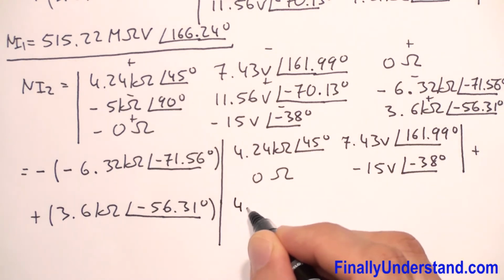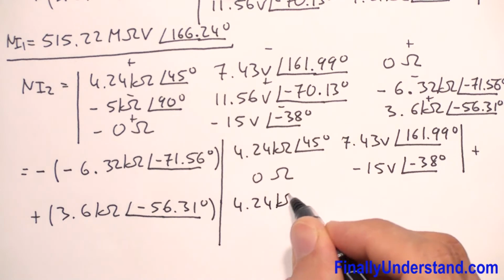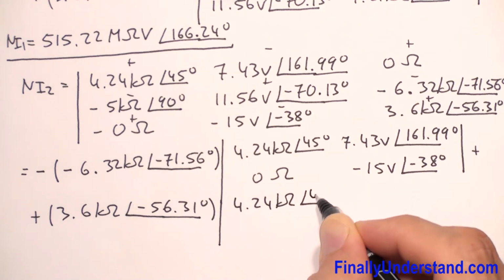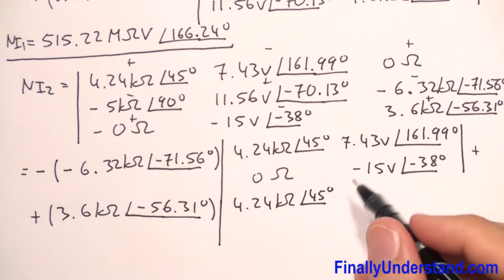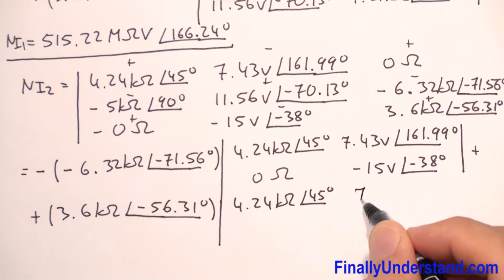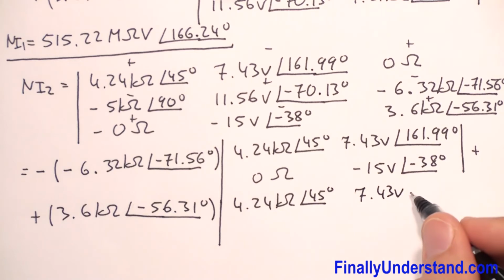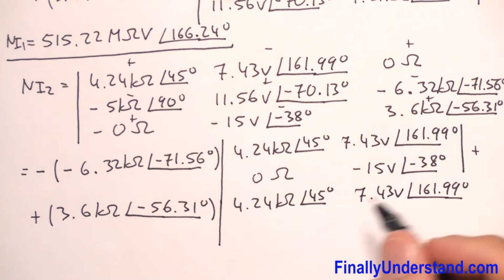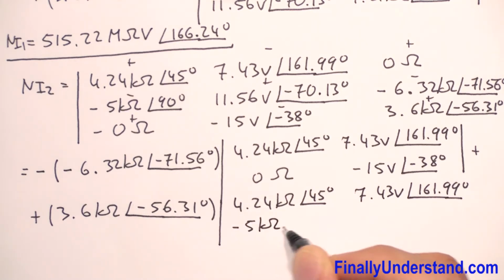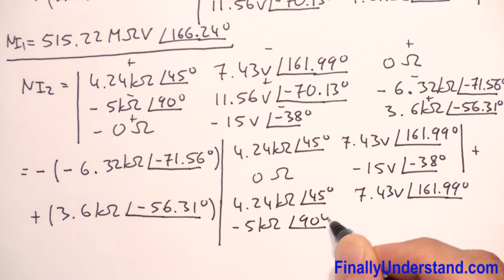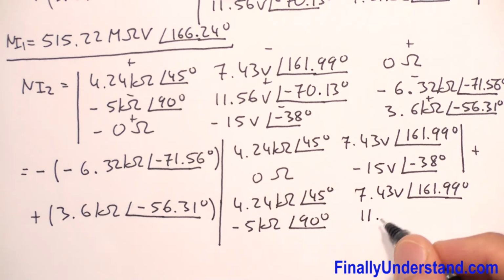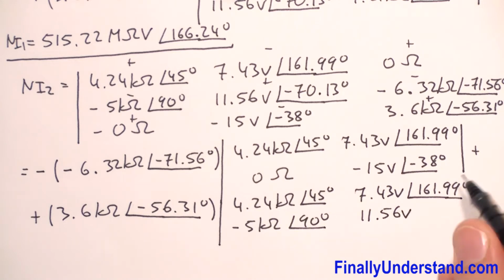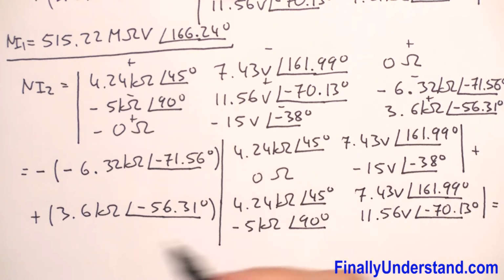I have 4.24 kilo ohms and angle of 45 degrees, and I have 7.43 volts and angle of 161.99 degrees, and I have minus 5 kilo ohms and angle of 90 degrees, and I have 11.56 volts and angle of negative 70.13 degrees. Okay, so this is equal.